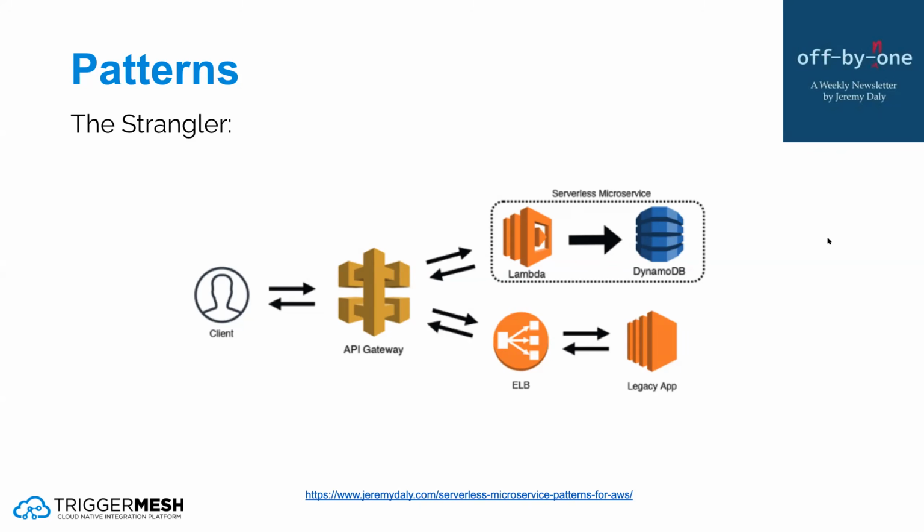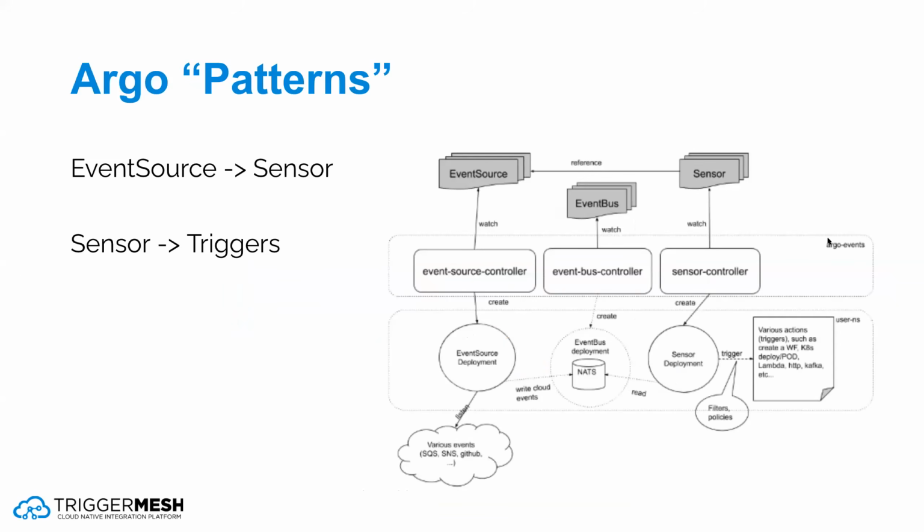Little by little, every time you need a new feature, you can strangle the legacy app by developing outside. So you don't need to lift and shift or migrate off of your legacy application. Little by little, you're going to strangle that legacy app. And then one day you're going to say, hey, we don't use it anymore. Everything is in the cloud. So that's the strangler.